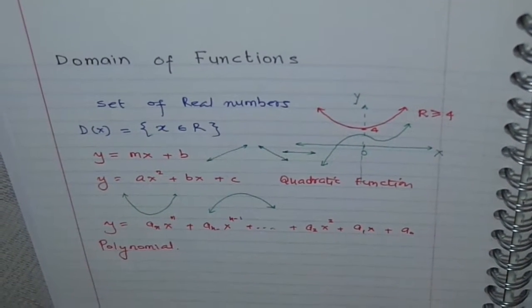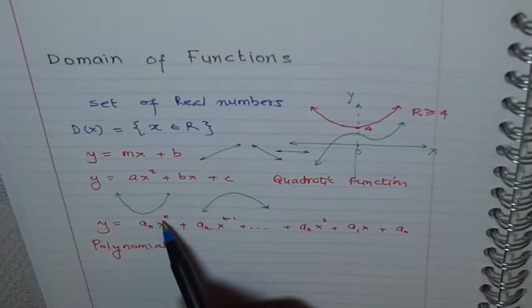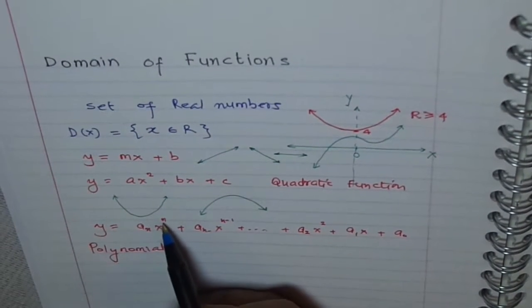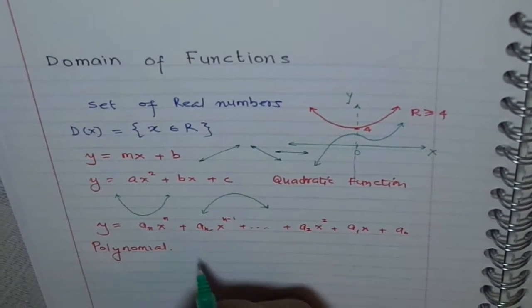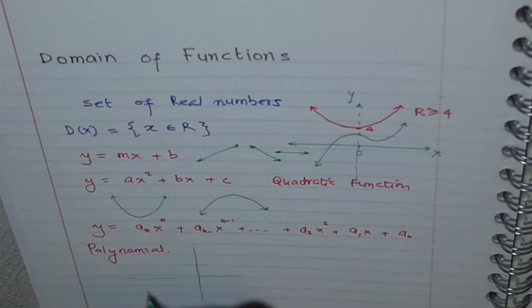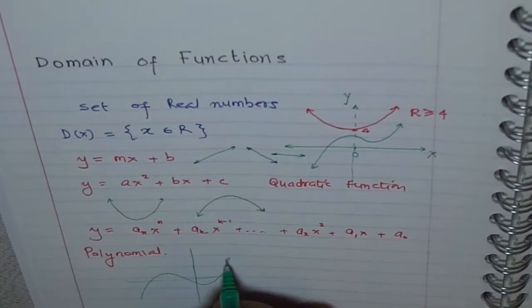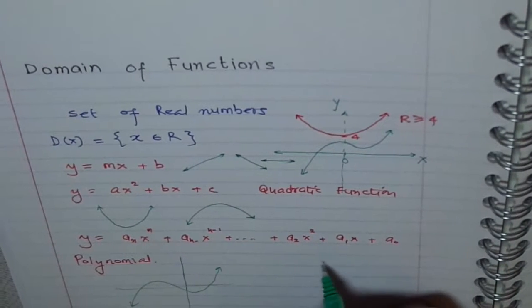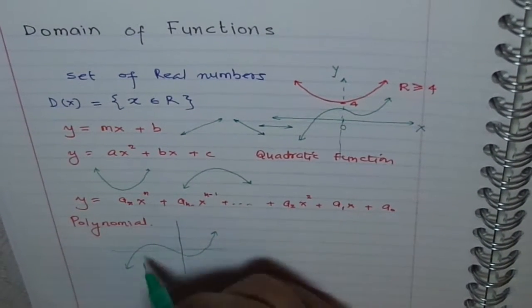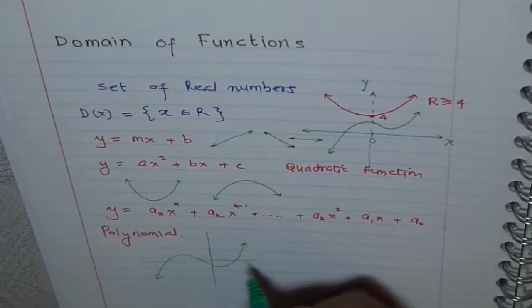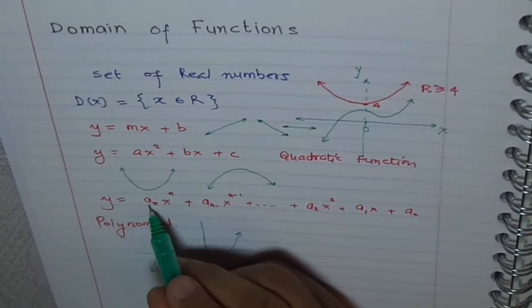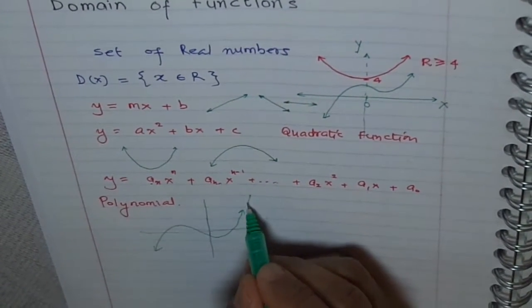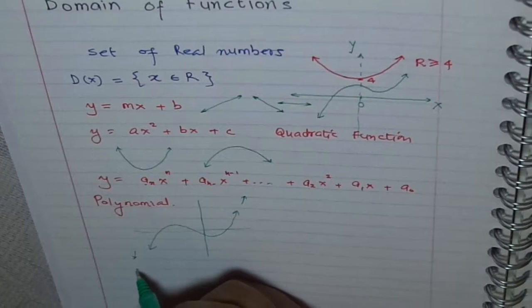But the degree could be odd or even, right? If the degree is odd, the polynomial will look something like this for an odd degree polynomial. Well, it could face a different direction also. If the coefficient is positive, this side will go up and this will be down, correct?